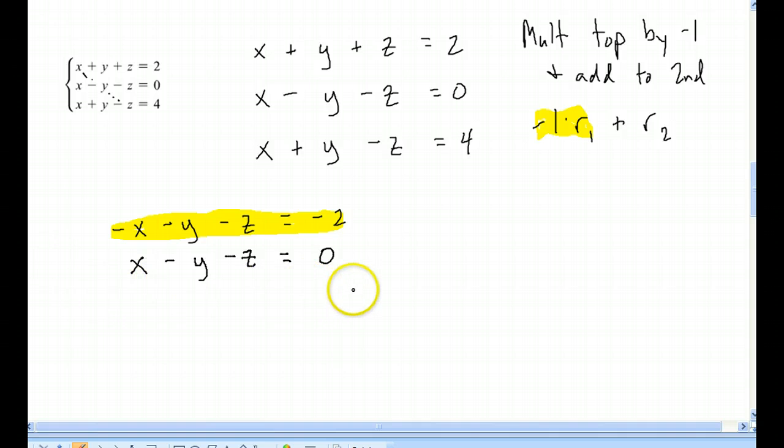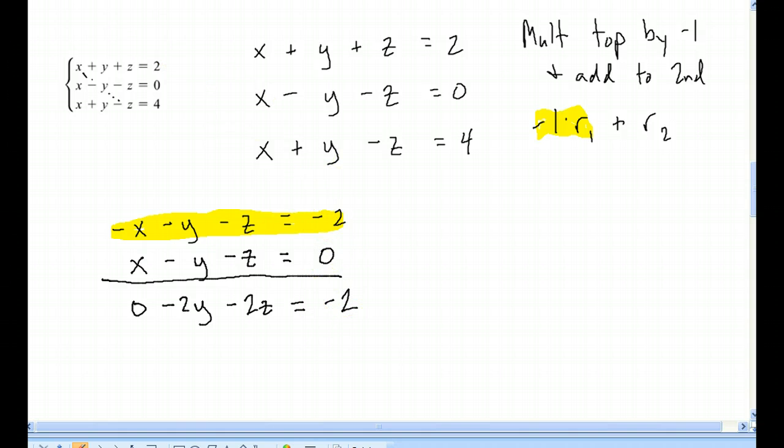Okay, now adding these two equations together, the -x and the positive x cancel. So that gives me a 0. -y minus another y is a -2y. -z minus another z is -2z. Alright, and then -2 minus 0 is still just -2.